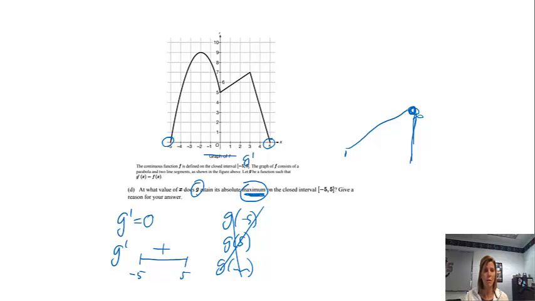Okay, it says at what value of x does g attain its absolute maximum? It's going to be at x equals 5, and it says give a reason.